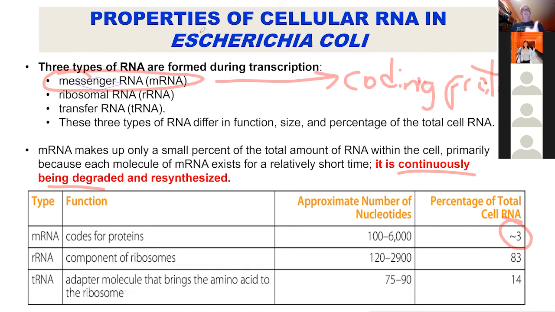The whole point of doing the transcription is to make what you need and then stop. So you don't see a lot of messenger RNA around because it's being made, being chewed up, being made, being chewed up. But what is being made and not being chewed up is something called ribosomal RNA. Now, who's heard of ribosomes?